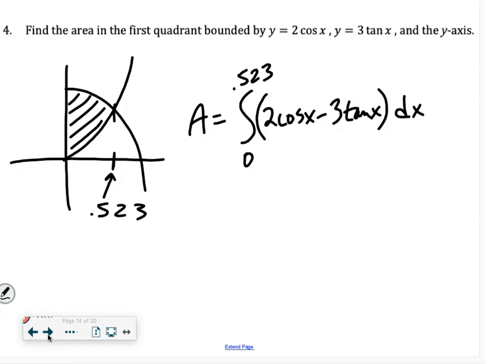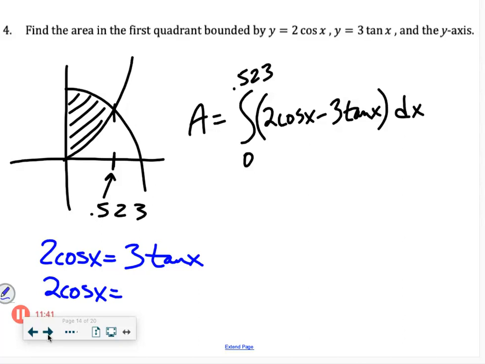Yes, Steve. This isn't necessarily related to this problem, but I was trying to figure out how to find the point of intersection without using a calculator. How do you do that? Did it not work well? No, it worked out fine. I just used my calculator. I mean, to do this by hand, if you set 2 cosine x equal to 3 tan x, so 2 cosine equals 3 times sine over cosine. Well, let's see here.